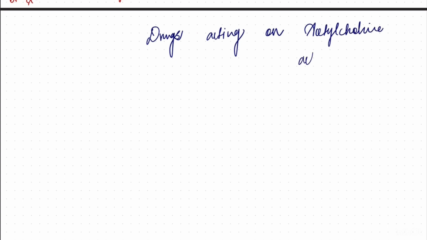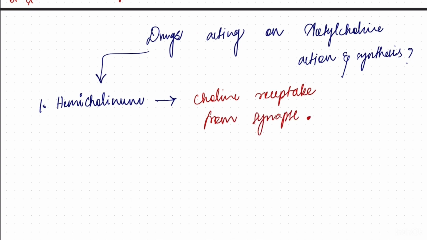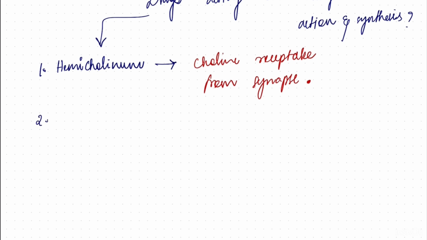Let's see which drugs act on acetylcholine synthesis and mechanism. There are some drugs like hemicholinium, which inhibits choline reuptake from the synapse. Second is vesamicol.